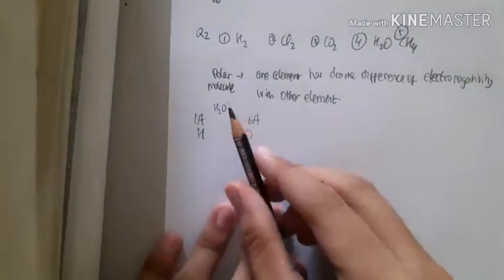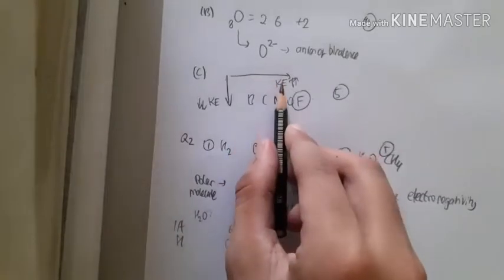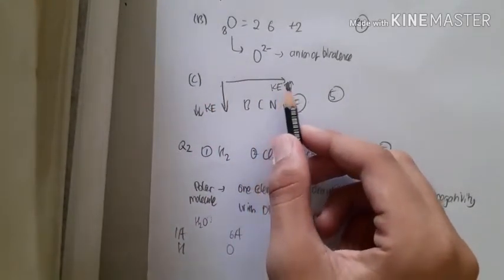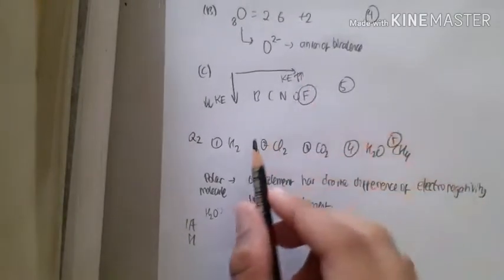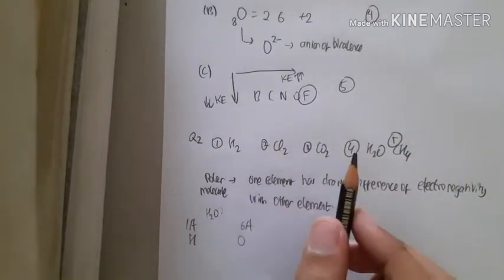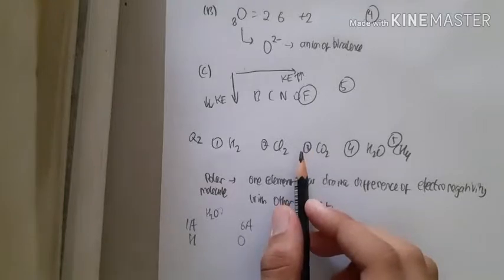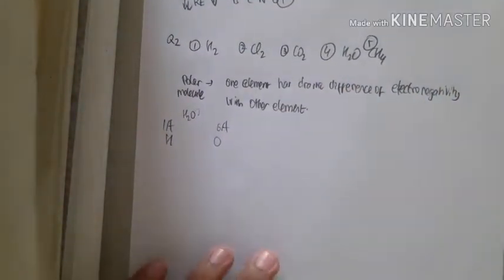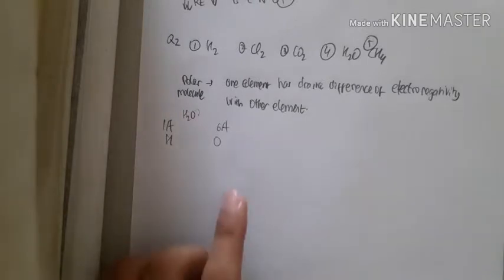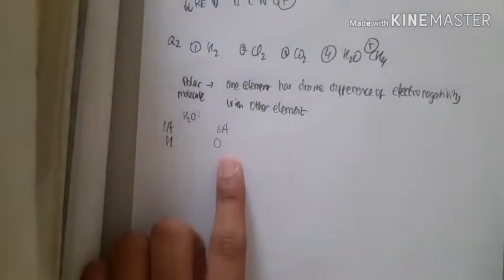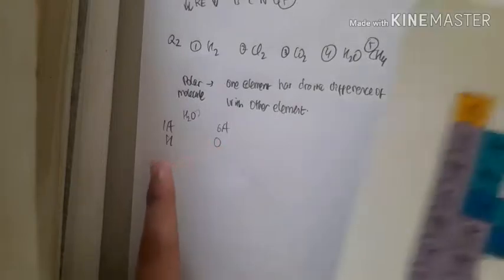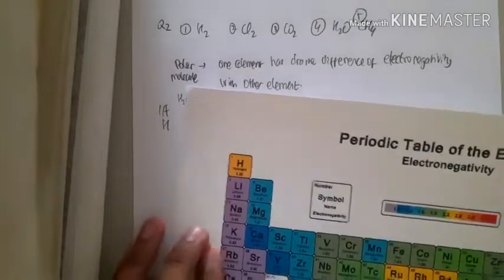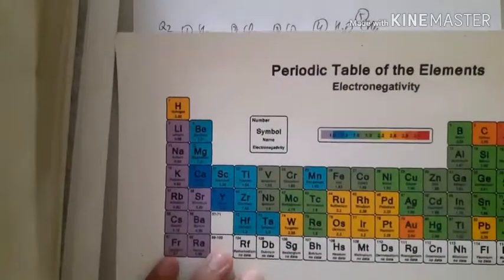You see that the trend in electronegativity is that when you go from left to right, the electronegativity gets higher, and when you go from right to left, it gets smaller. So with that big difference of space, oxygen has higher electronegativity than hydrogen. It is a drastic difference. I got here a periodic table of elements with the electronegativity.